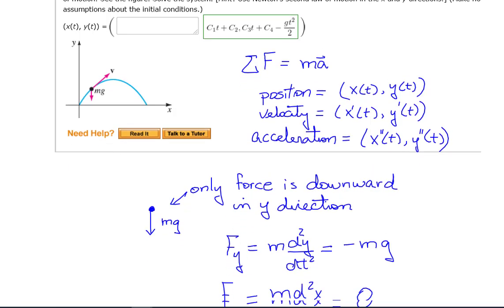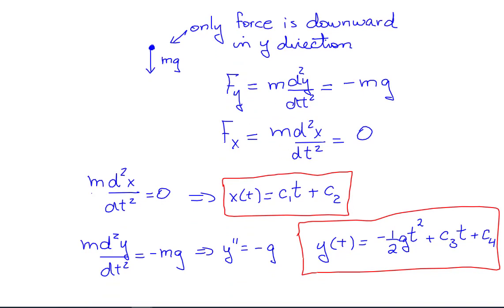We look at the forces acting on this object. The only force is downward in the y direction. So in the y direction, F is m times my acceleration in the y direction, equals minus mg. So I can get rid of the m's. In terms of the x direction, there are no forces in the x direction. So I can solve this problem.